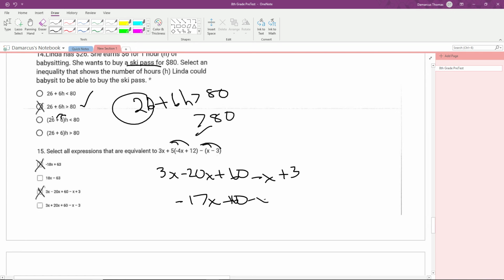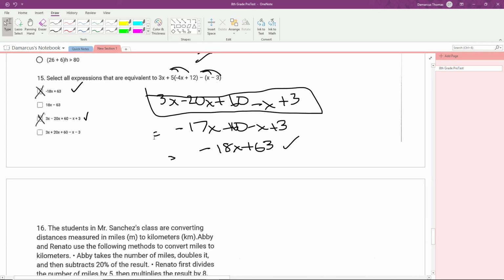Well, we have negative 18x plus 63. And I knew that was negative because the minus x and the negative 17 made negative 18x, and then positive 60 plus another 3 makes that. And we can say that this is true because that's what we got here in one of our steps as well.